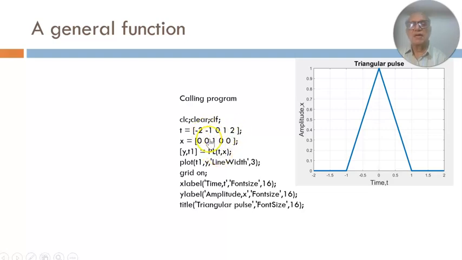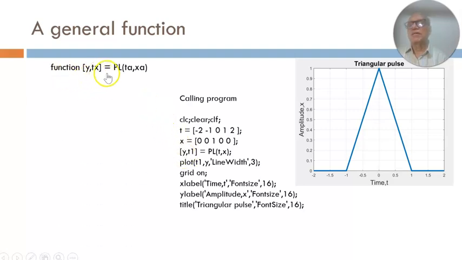So t is passed, x is passed, and what it returns is y and t, where y is the amplitude vector having generated all intermediate points, and t is the time vector having generated all the intermediate time points. All right, so let's now see the function itself.